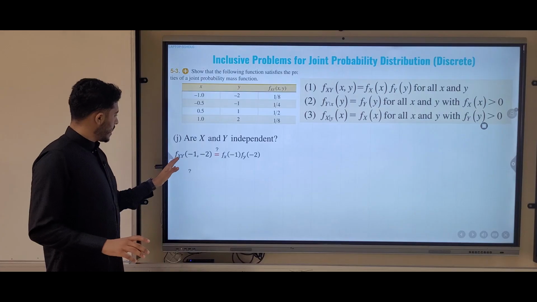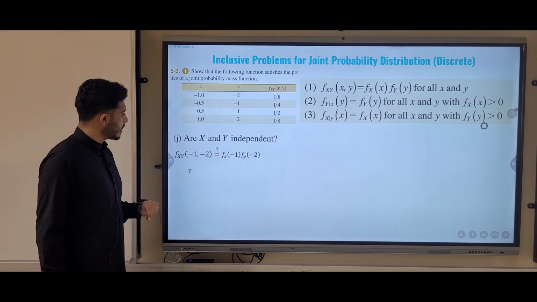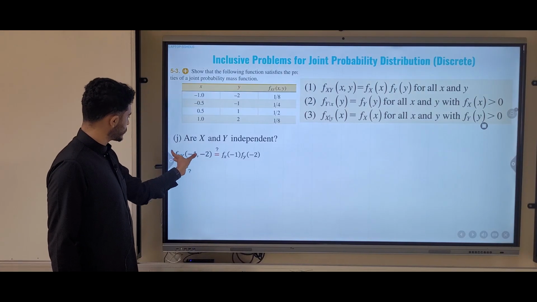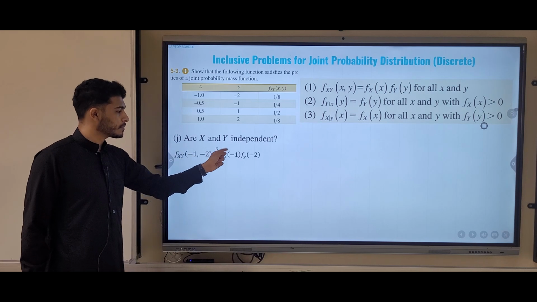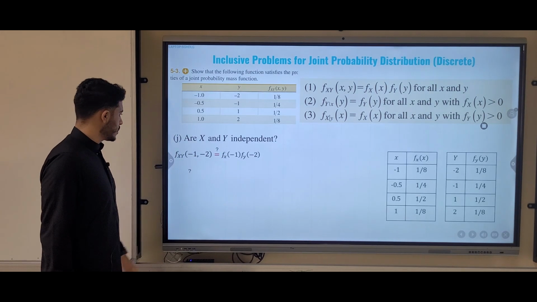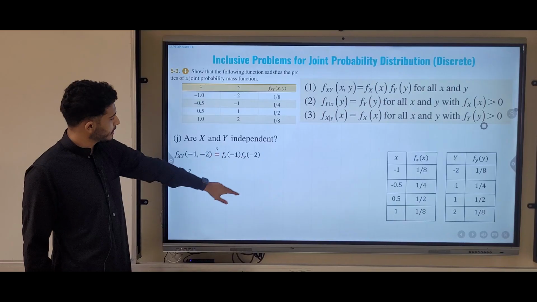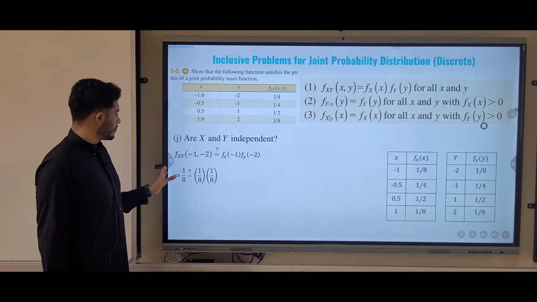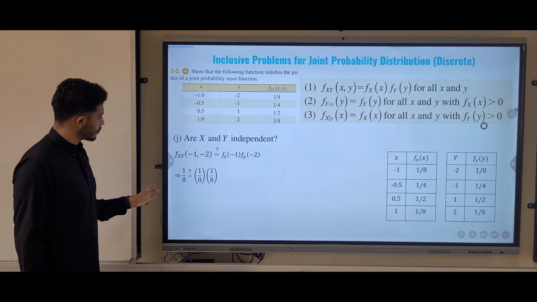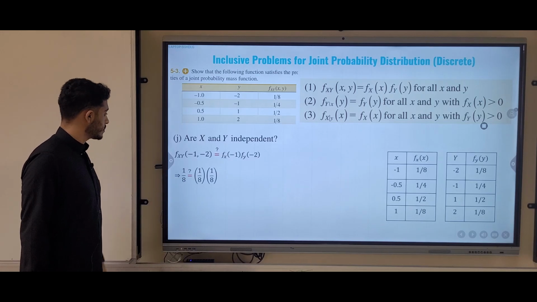So let's see, is the joint probability distribution of them equal to the multiplication of the marginals? Let's see. So here are the marginals that we're gonna use, and here is the statement that we are gonna make sure whether it equals or not, and obviously it's not equal.